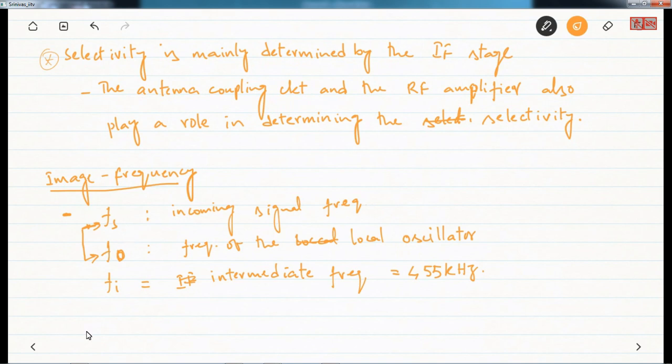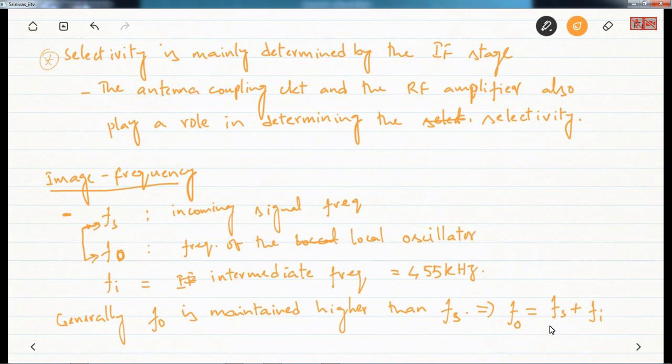So generally Fo is maintained higher than Fs, higher than the incoming frequency Fs. So that implies if you tune your receiver to Fs, then the local oscillator will be tuned to Fs plus Fi.